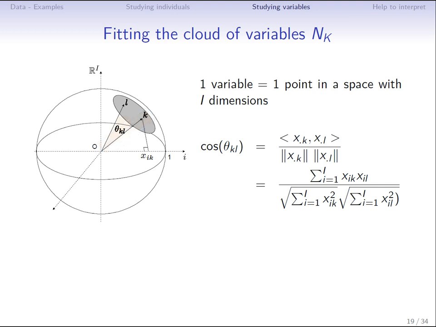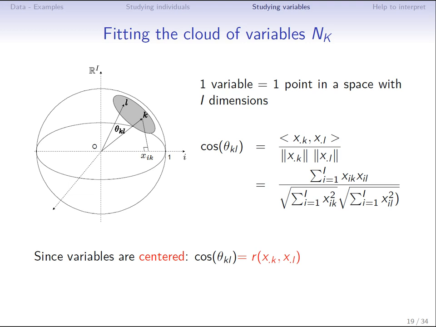The cosine of the angle theta KL between the arrow that represents the variable L and the arrow representing the variable k is equal to the scalar product of the variable k and the variable L divided by the norm of variable k times the norm of variable L. This is equal to the sum over all i of xik times xil, divided by the square root of the sum of the squares of xik times the sum of the squares of xil.